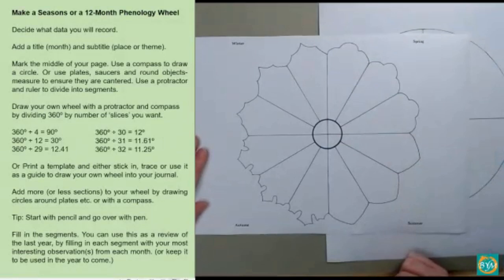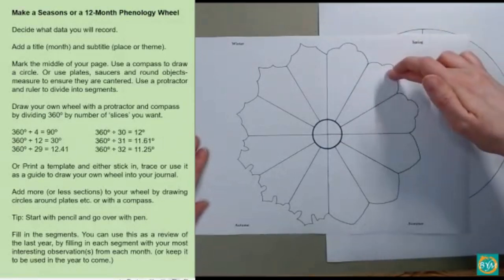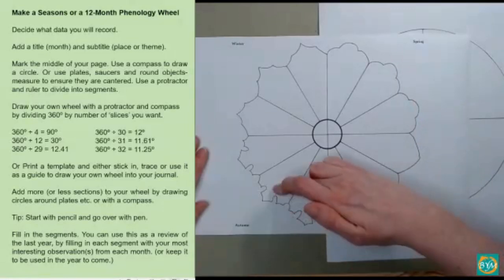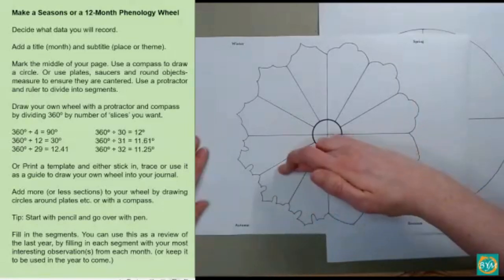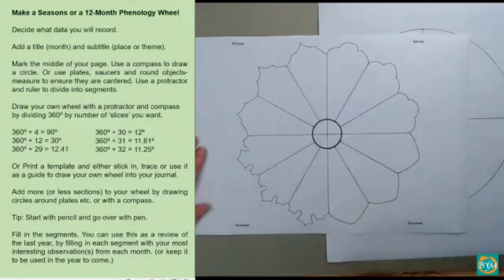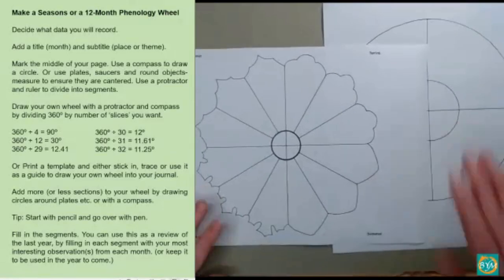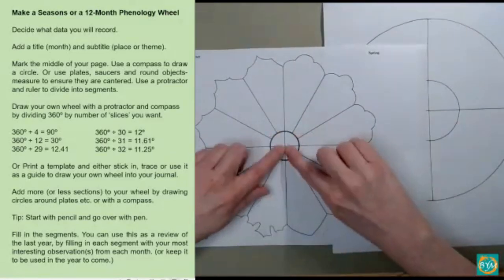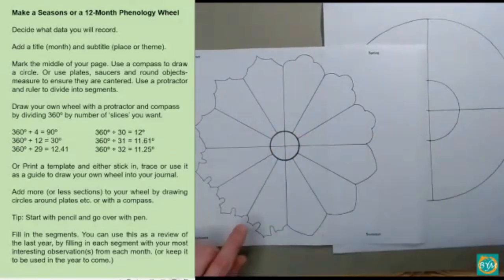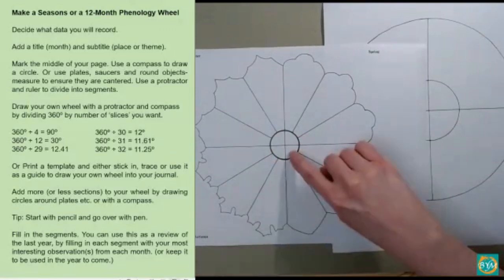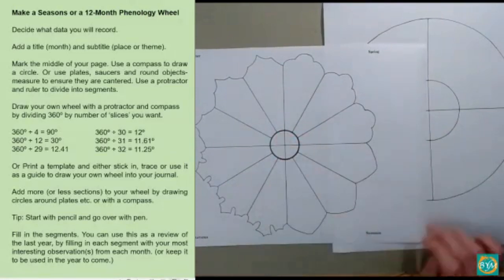And if you notice, spring has got kind of a flower, summer's got a leaf, autumn's got a sort of maple leaf design, winter's got a holly leaf. So again, it makes it a bit pretty. So have a think about that. And also I've just got the quarters in here, so if you wanted to cut it out and you don't want the little words here, you can write them yourself into the middle section.